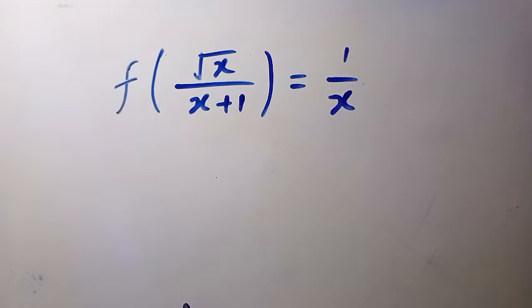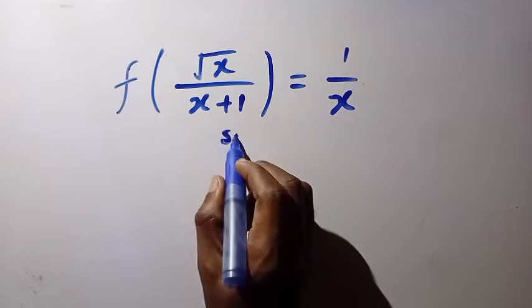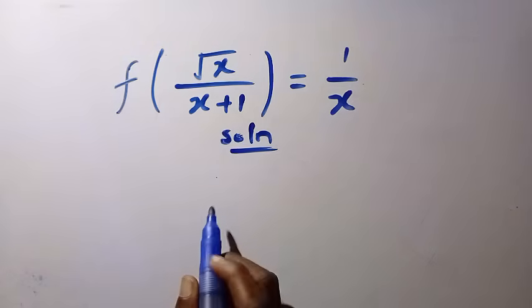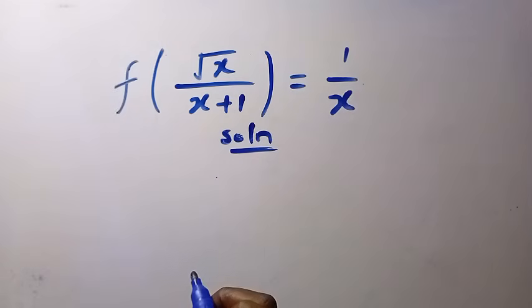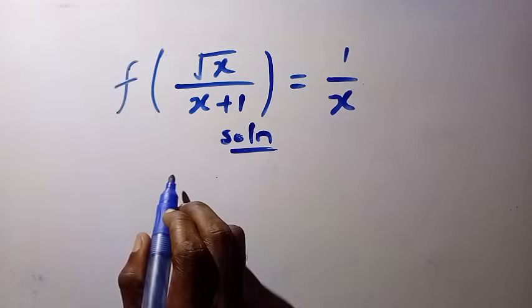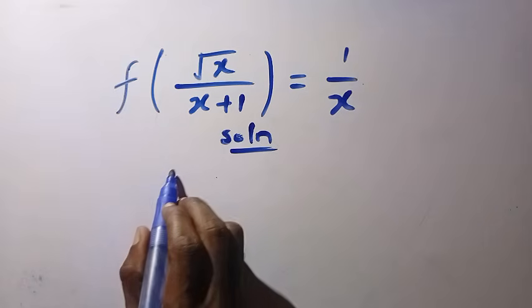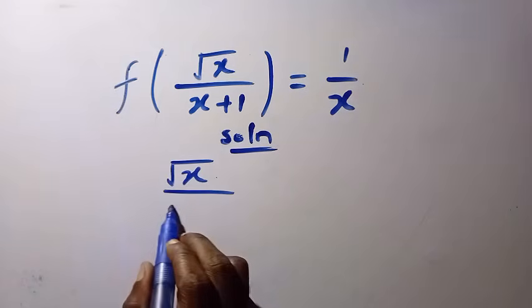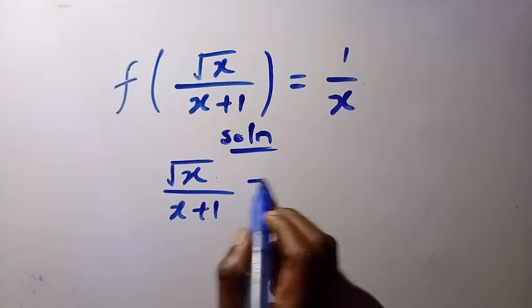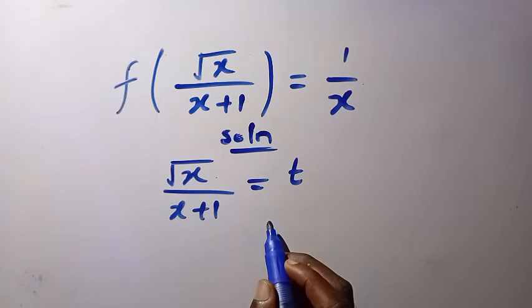So the first step we are going to take is to apply the substitution method. Considering the solution, I try to replace the whole of root x over x plus 1 with another variable, let's say we have the square root of x divided by x plus 1 equals t.